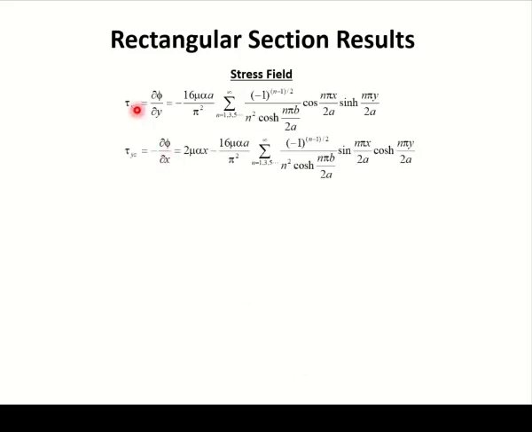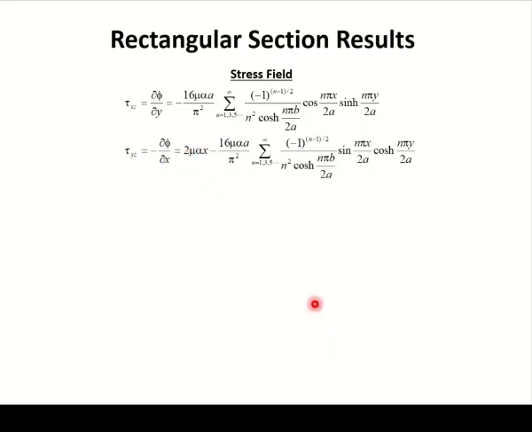After you find your stress function, you can get your stresses. So this is how our shear stress is defined. If you just take the derivative with respect to y, you will get this equation for tau yz, and if you take the derivative with respect to x and put a minus, you will get this equation.